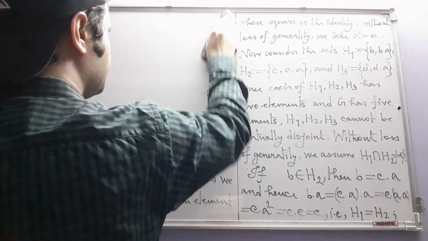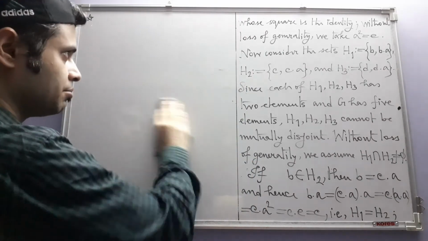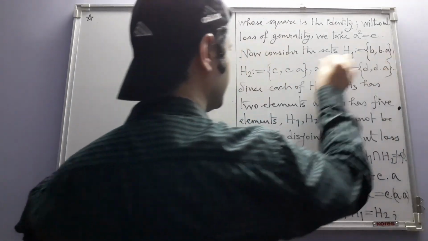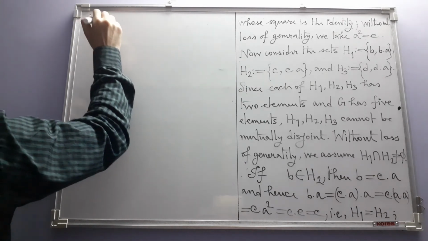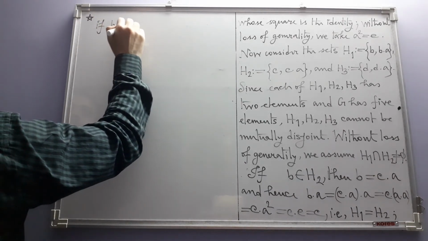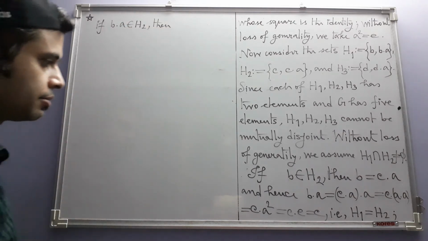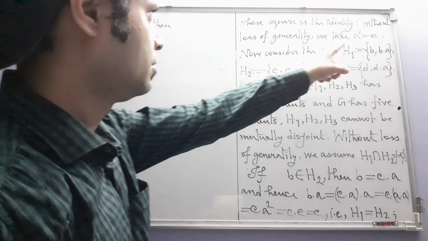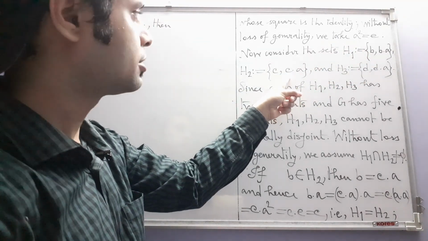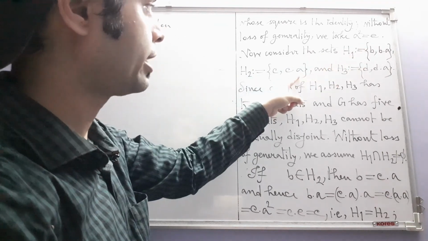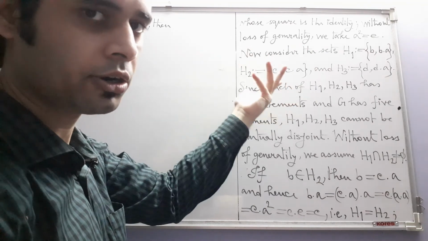If the common element is instead of B, if we have it to be B dot A, if B dot A belongs to H2, then B dot A cannot be equal to C dot A, because then by the right cancellation law, cancelling A from both sides will give us B equal to C, which is not true.